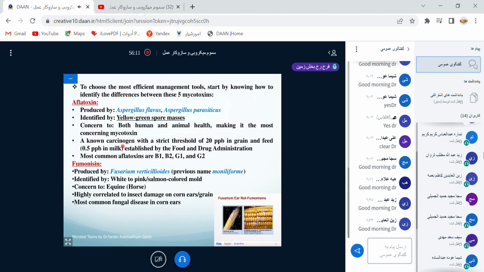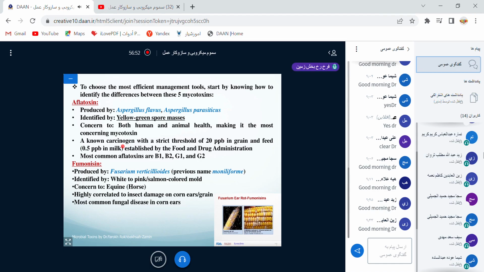But most cancers related to mycotoxins are related to the intestine, because the first point of presence of mycotoxins is the intestine, and the second most contaminated part is the liver, because those mycotoxins come into the blood, and in any case they go through the liver.